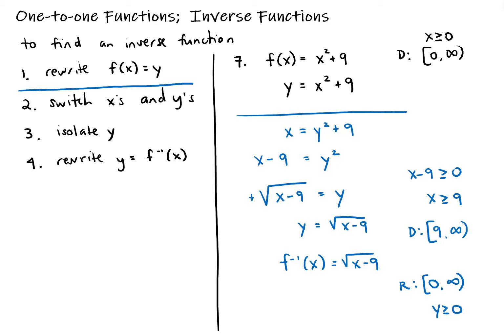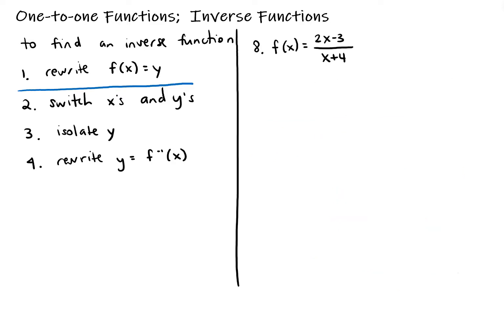Because I found my domain of my f inverse, that's going to give me my range of my f, meaning from 9 to infinity. Now once again, I could write this in algebraic form instead of interval notation, but I would have to say y is greater than or equal to 9, not the x that we have over there. So take care when you're writing your domain and ranges that you're using the correct variable for it.